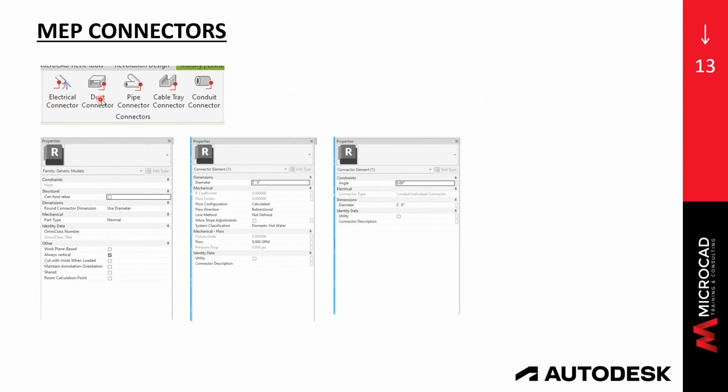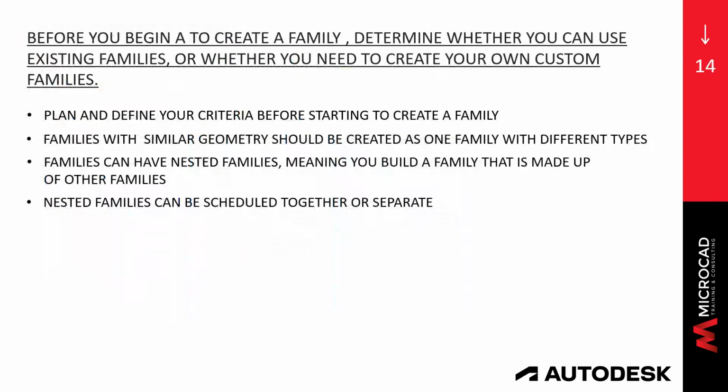And you have electrical connectors or duct connectors or pipe connectors or cable tray. And here you have an example of what those connectors can bring in terms of their properties.